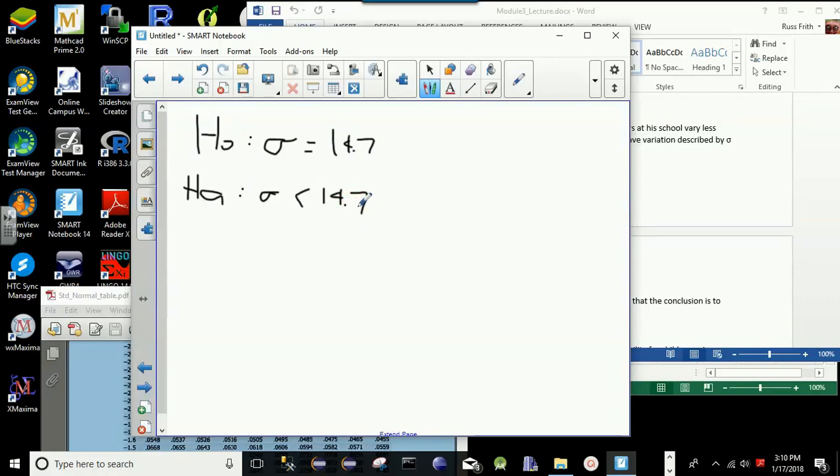Then, to shut the principal up, the school district analyzed this hypothesis and ran a hypothesis test. What it discovered was that the null hypothesis was to be rejected. The symbol for rejected is this downward pointing lightning bolt. So what is the conclusion?